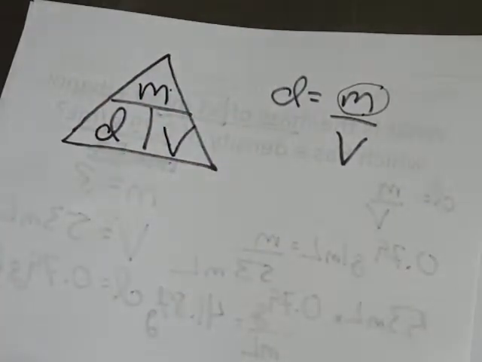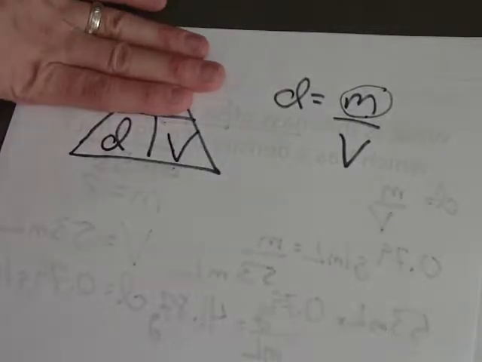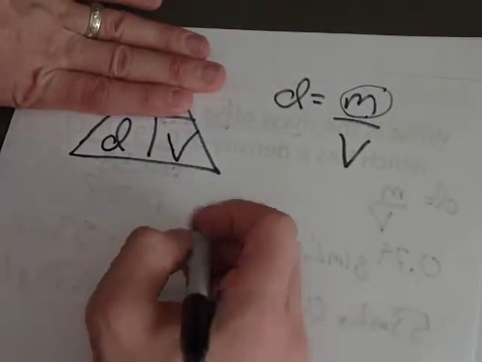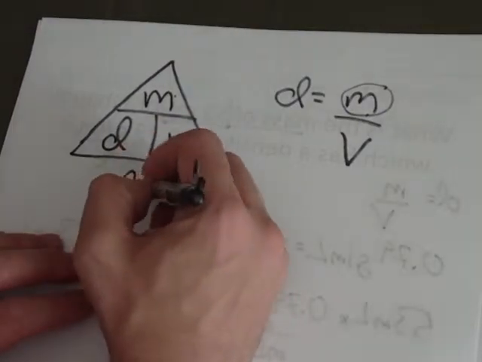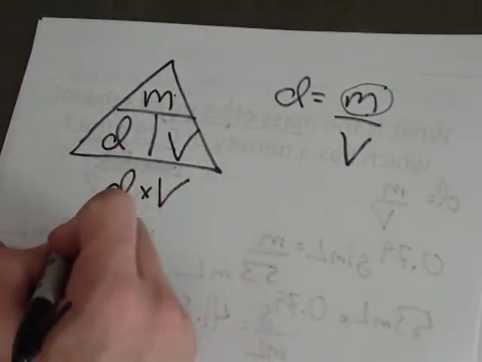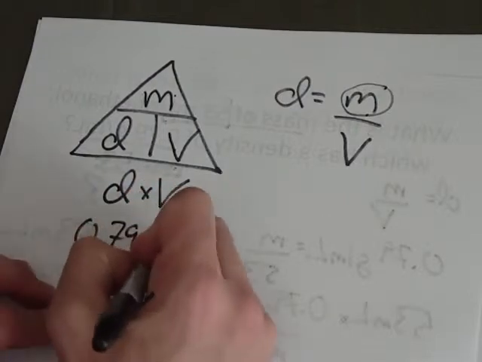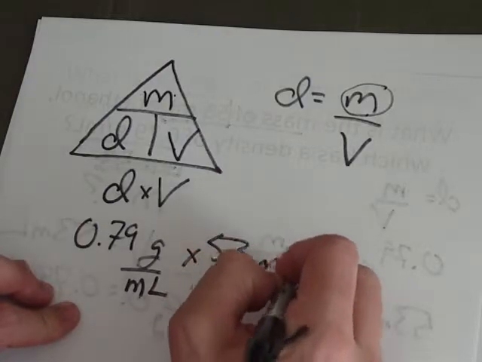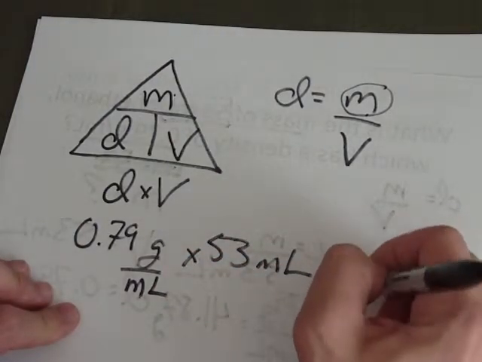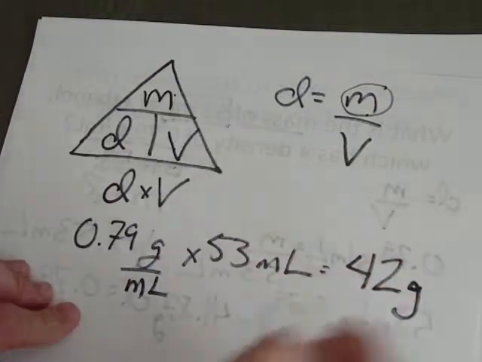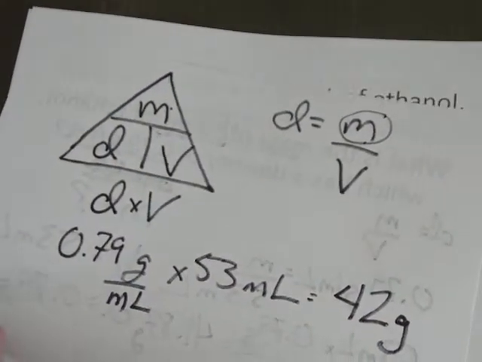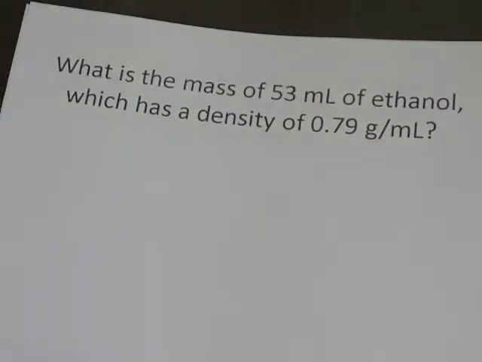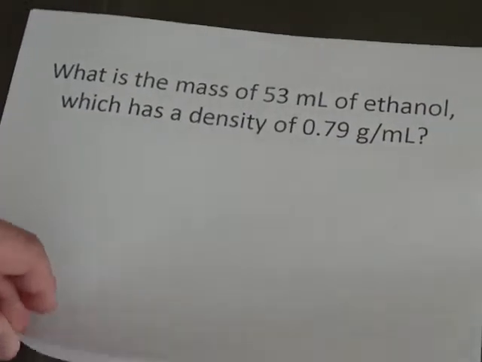Whatever two values are multiplied, you put on the bottom. Since we are looking for the mass, we cover up the m, and it's d times v. So d times v is equal to 0.79 grams per milliliter times 53 milliliters. We get the same thing, so that would equal 42 grams. So that's just an alternative way that may be helpful. That's the same question.